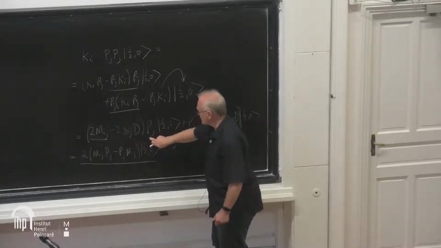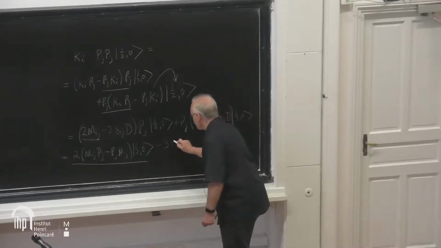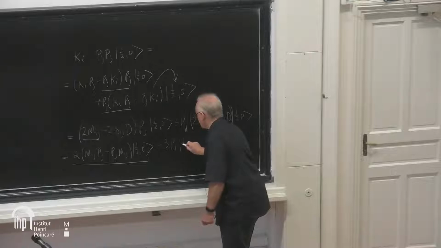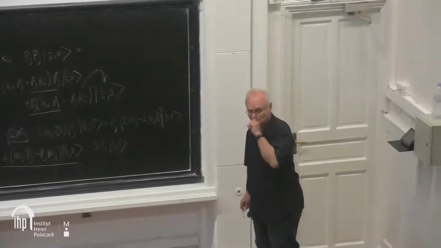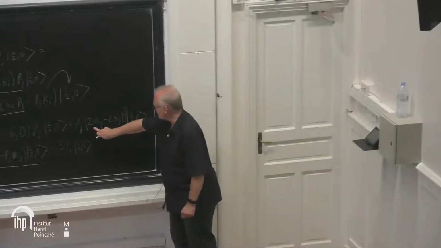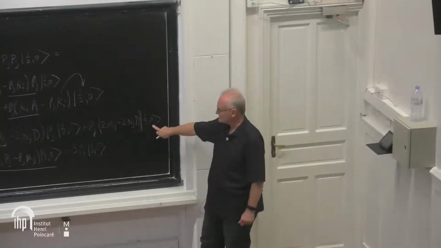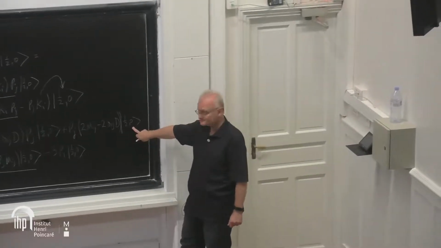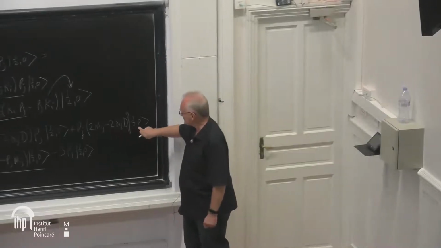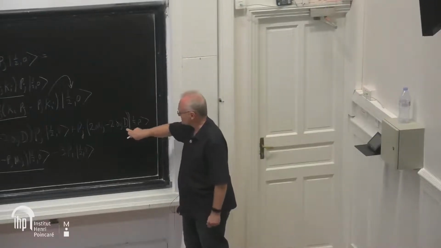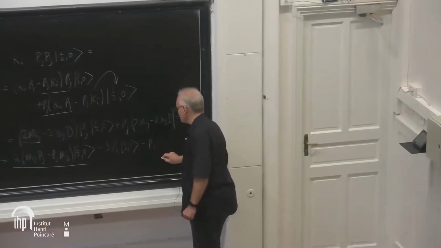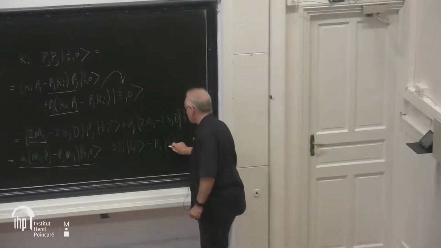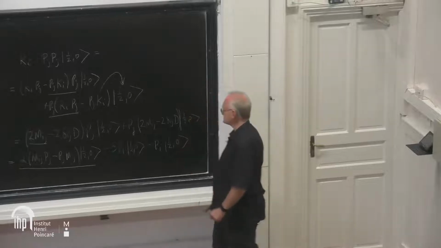And delta_ij onto the P_j is P_i |1/2, 0>. M_ij onto that gives me 0. 2, the D is a half, so 2 times a half is 1, so I just get minus P_i |1/2, 0>.